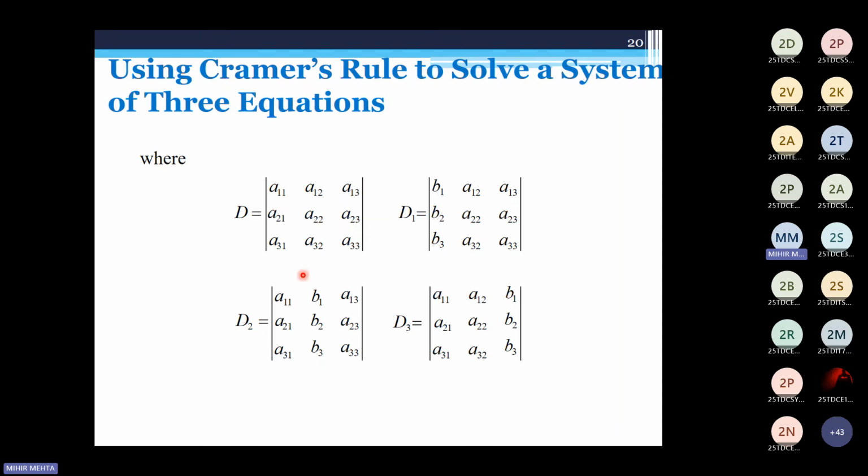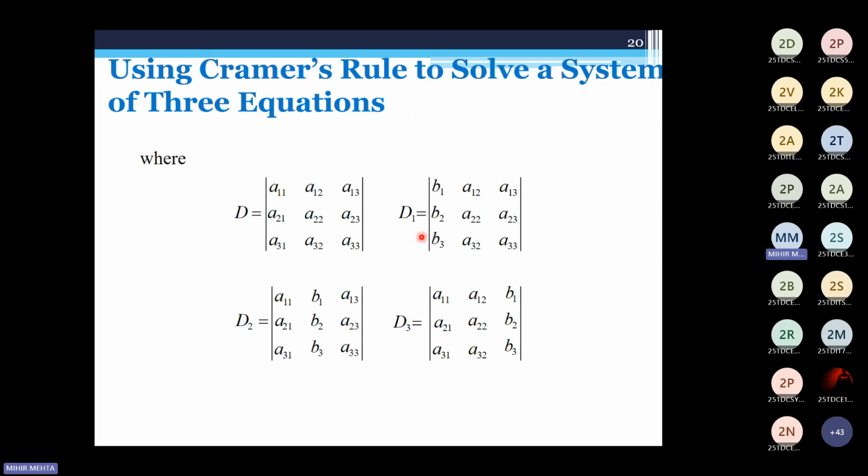Here you can see that the determinant of the matrix A is my D. Replacing my first column with the B matrix, that is B1, B2, and B3, would give me my D1. Replacing the second column with my B matrix would give me my D2. Similarly, replacing the third column with my B matrix would give me my D3.